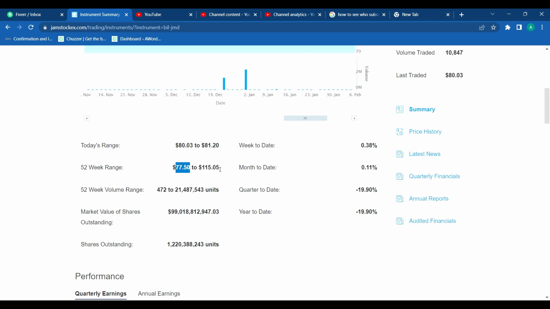Under 52-week range, you will see 52-week volume range, which shows you basically the lowest and the highest volumes that were traded over a 52-week period. As well as under that, you will see the market value of the shares outstanding and the shares outstanding. If you were to scroll down, you'll see charts indicating quarterly earnings and annual earnings.